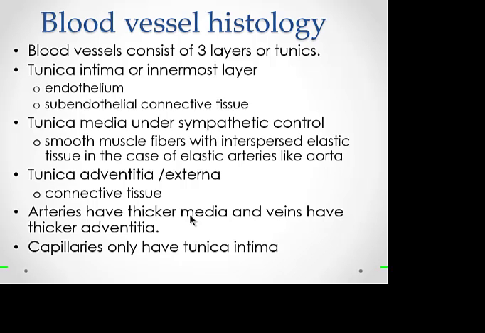So venous walls tend to collapse. To prevent them from collapsing, their tunica adventitia is much thicker. The media is not as thick because they don't need to expand and recoil. The adventitia is extremely thick. So that's the difference between arteries and veins. Apart from that, arteries usually have a more circular lumen, while veins tend to have a more irregular lumen.